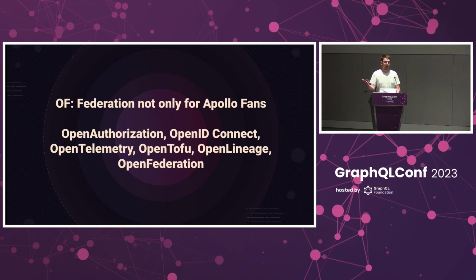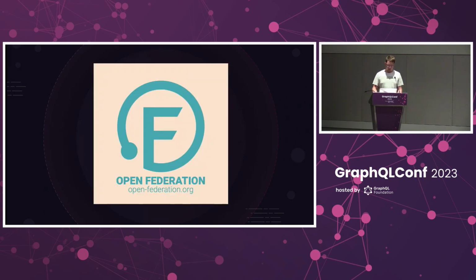So you know what you're actually using. Because if we had just implemented an open source router for federation, you would still not know what it does. So that's why I think open federation would fit very nicely into open authorization, OpenID Connect, telemetry, tofu, weird name, but yeah. Okay, that's open federation, open-federation.org.